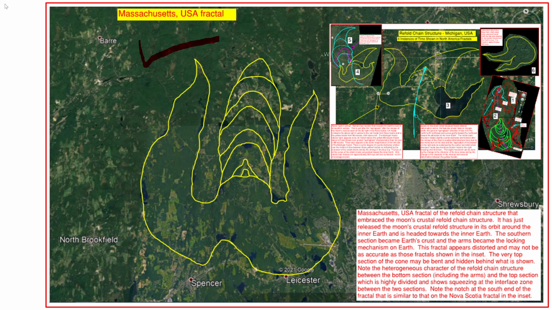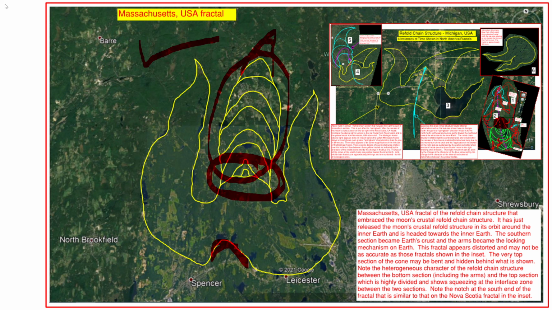So that notch is, I'm highlighting here on the insert. You see where the moon is in green? So that notch is evident here on the featured fractal. It's highly divided up here. I remember drawing this in. I saw more of these things going up, but they got really hard to see. And you'll notice there's like a squeezing here.